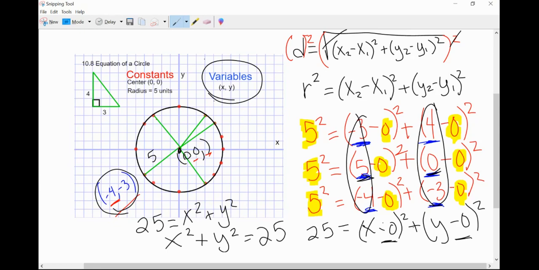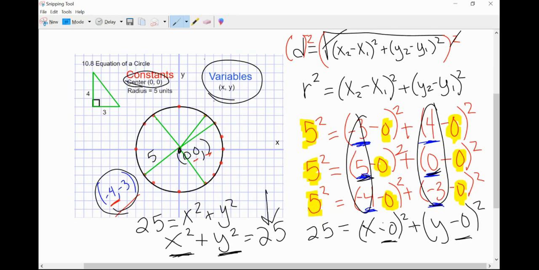So looking at this equation, you would know that since there's nothing being subtracted over here, your center x has to be at 0. And because nothing is being subtracted here, your center y coordinate is also 0. So if you see x squared, y squared, you automatically know that you have a center at 0, 0.